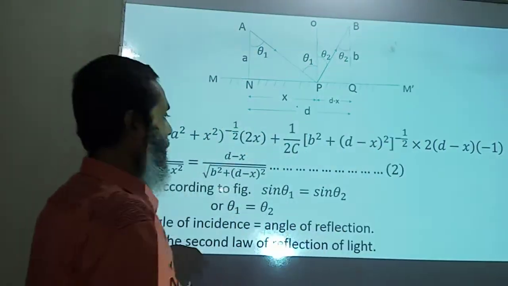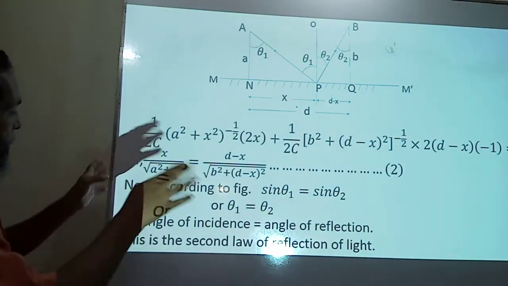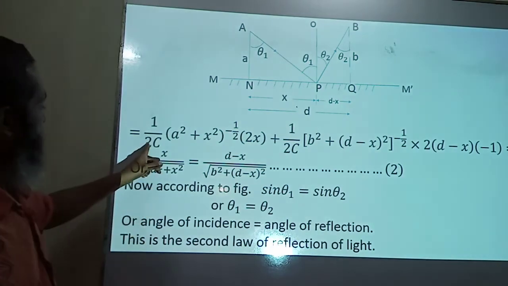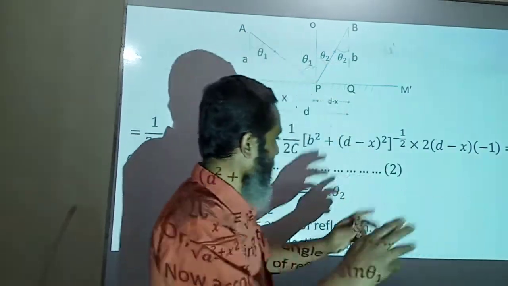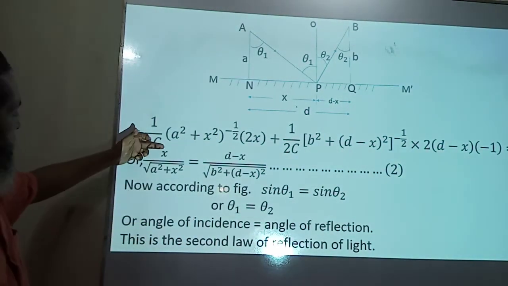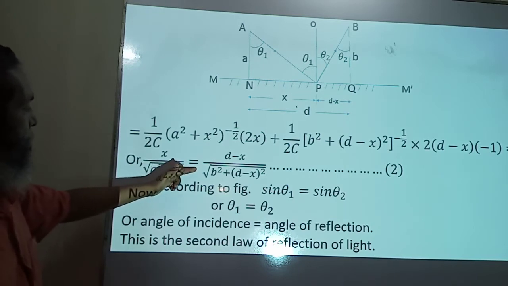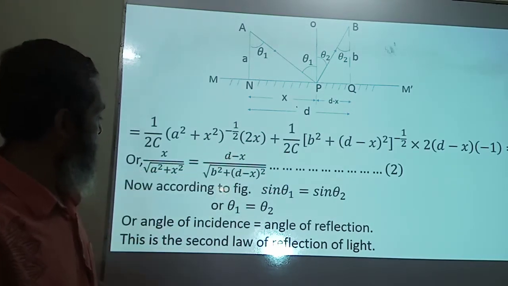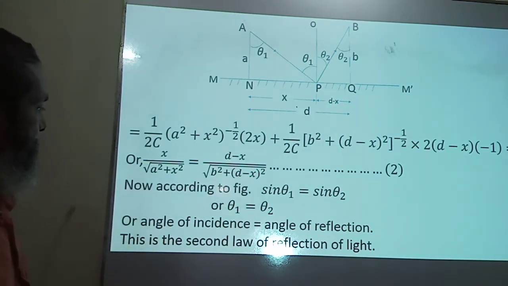So if we multiply both the sides by c, then this c will be cancelled out. In this way c is cancelled out, and these two cancel out. So that's why we are getting x by root over a square plus x square is equal to (d minus x) by root over b square plus (d minus x) whole square.